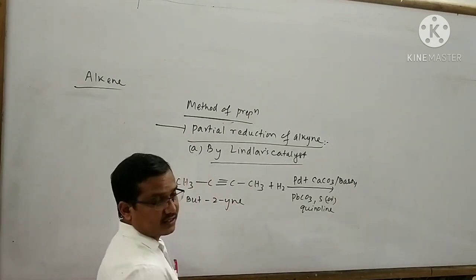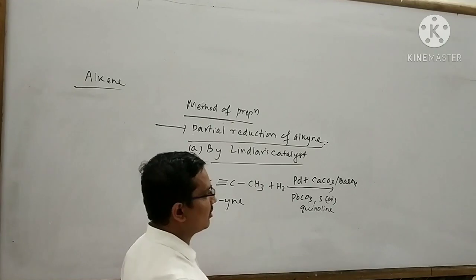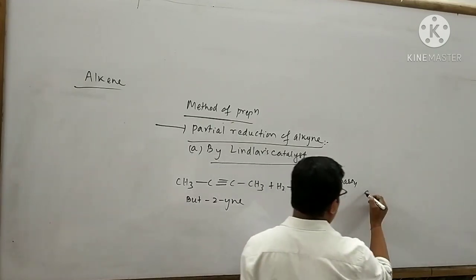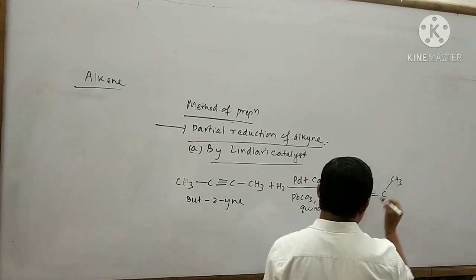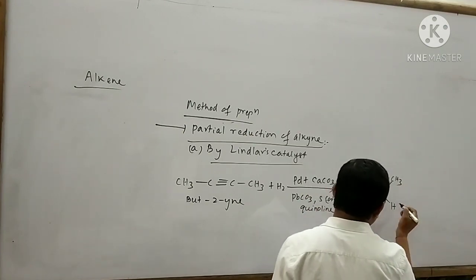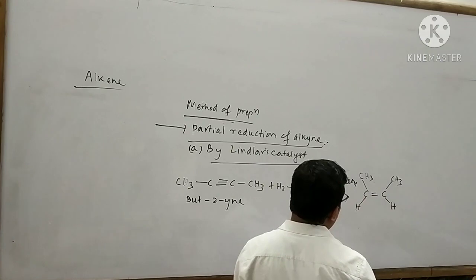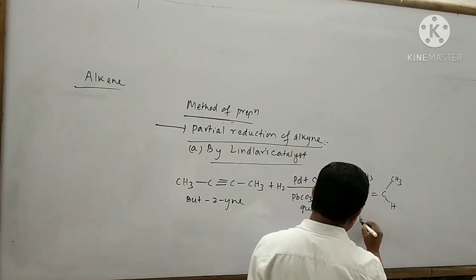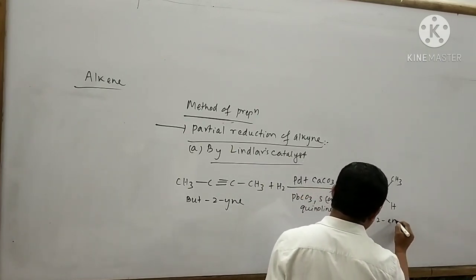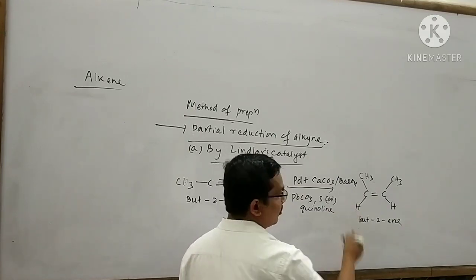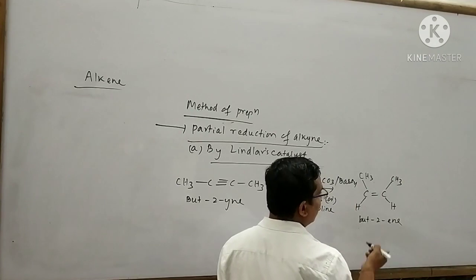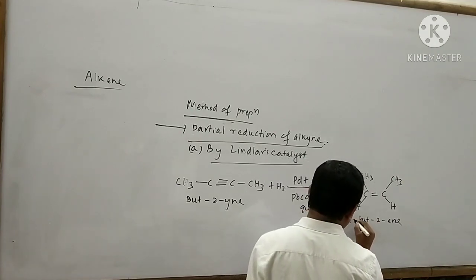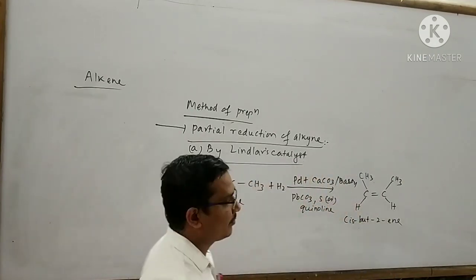Then what will happen? This alkyne undergoes reduction to form a cis isomer of alkene. The name of this organic compound is but-2-ene. It belongs to the cis isomer. So the name of this organic compound is cis-but-2-ene.